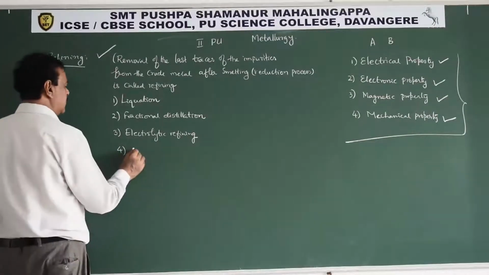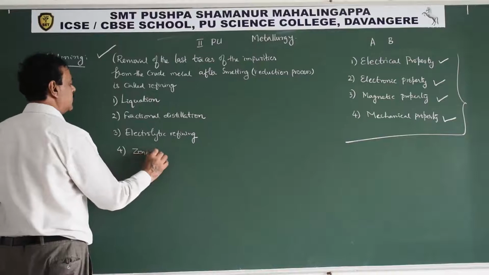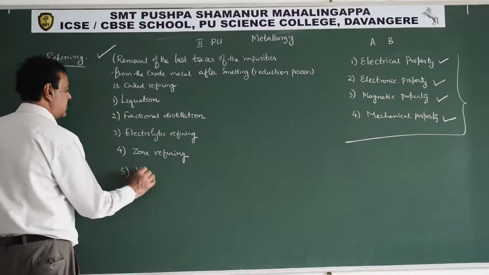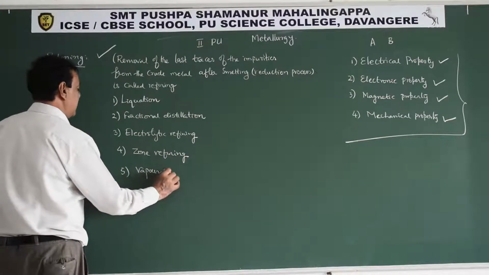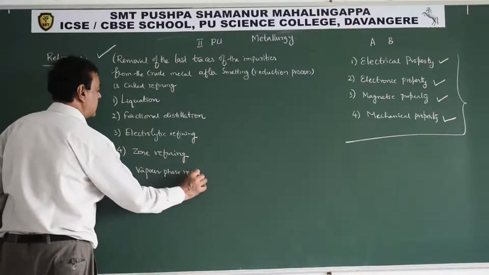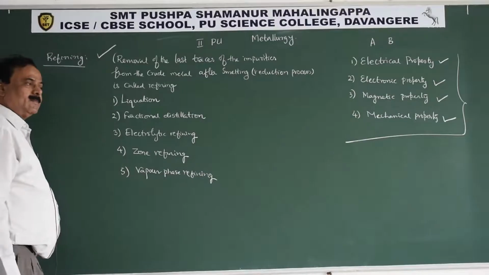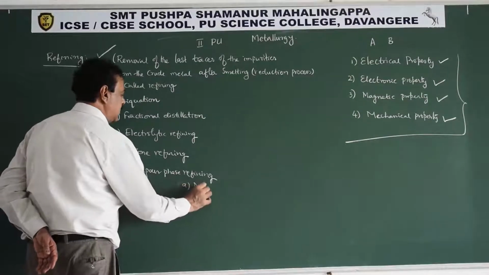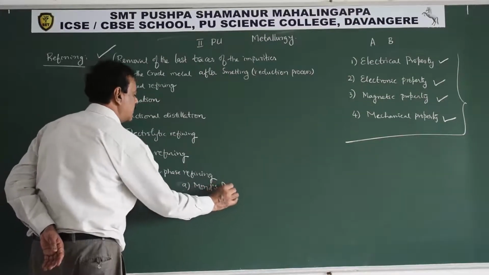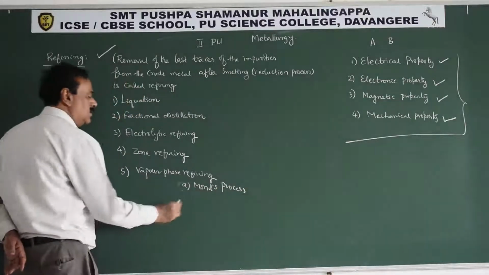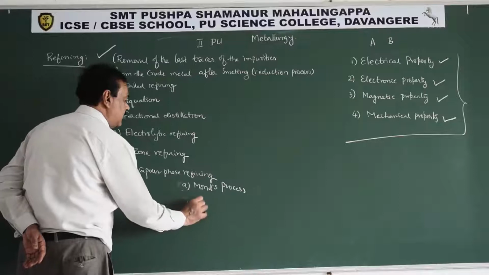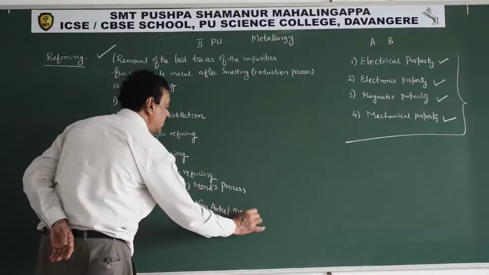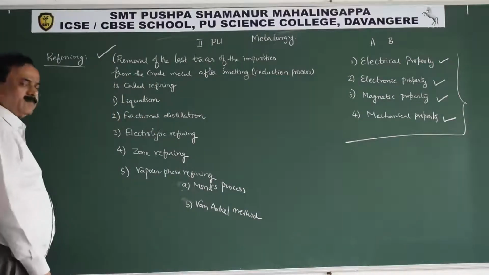The fourth is zone refining. Last is vapor phase refining, which has two methods: Mond's process and the Van Arkel method of refining. Is it clear?